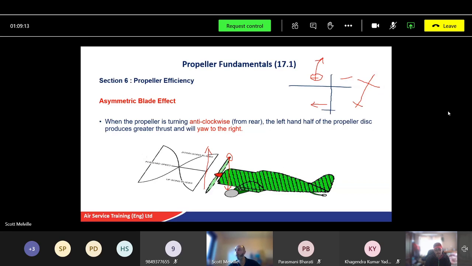In other words, it's trying to pull the aircraft around to the right. So we're yawing to the right-hand side. And again, if we don't correct that using the rudder at the back here, we'd have to counteract that. We'll keep turning round, and if you keep power on, you'll just do a big donut. So we don't want that. So that's effectively what's happening there.